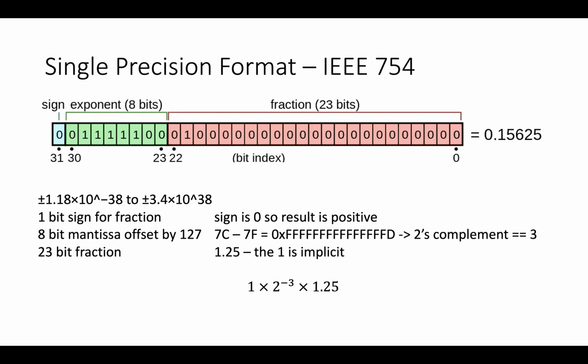You have the sign bit, bit 31. That sign bit determines whether the resulting number is positive or negative. If the sign bit is a 1, then the whole number is negative. The next group of bits, there are 8 of them. That is the exponent.